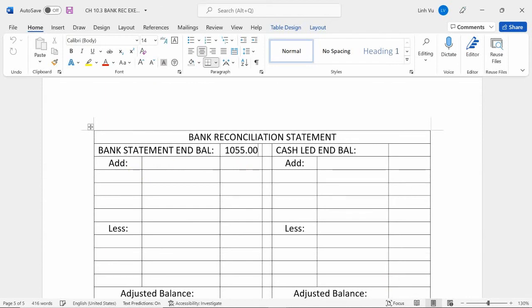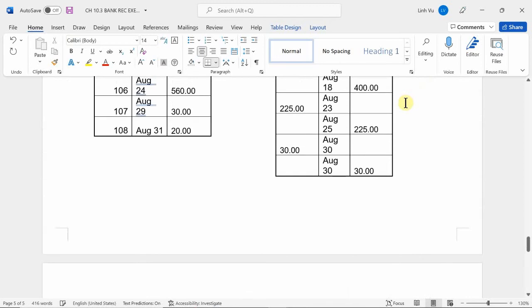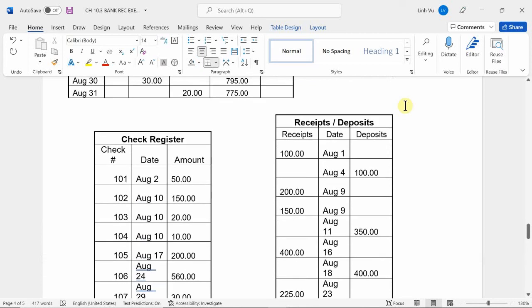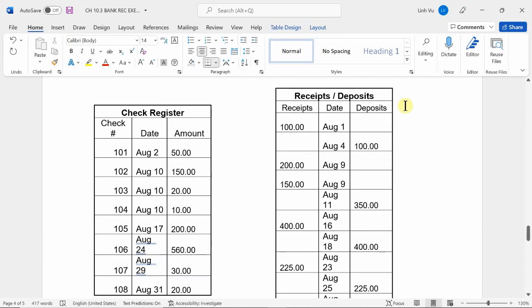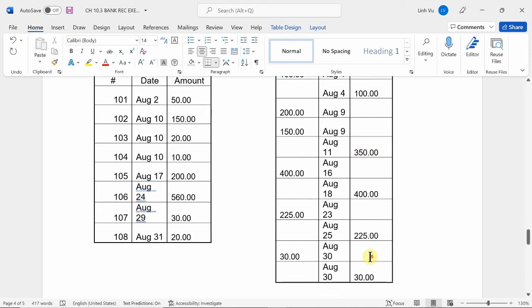Now I need to add any deposits in transit. That means which deposits that I've done haven't cleared yet. Let's take a look at my deposits section. I deposited 5 times in the month of August.